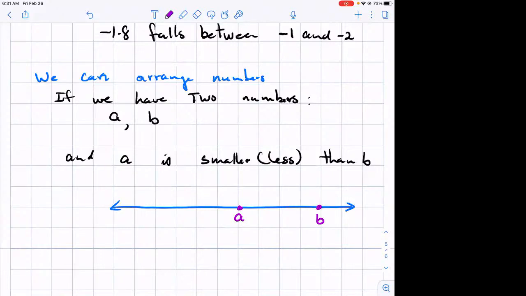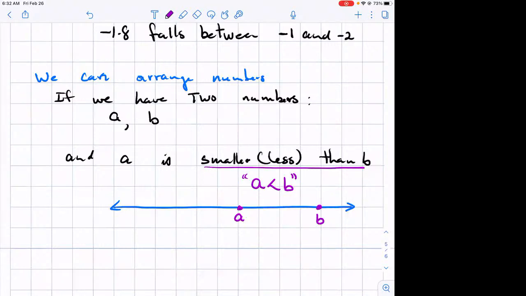Okay. So if they said A is smaller than B, this means A is less than B. So that is very common, if you're able to put these things on the number line.